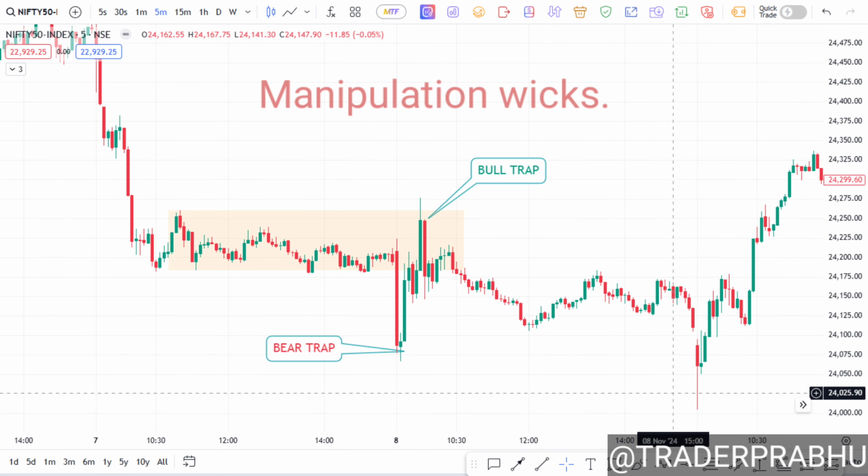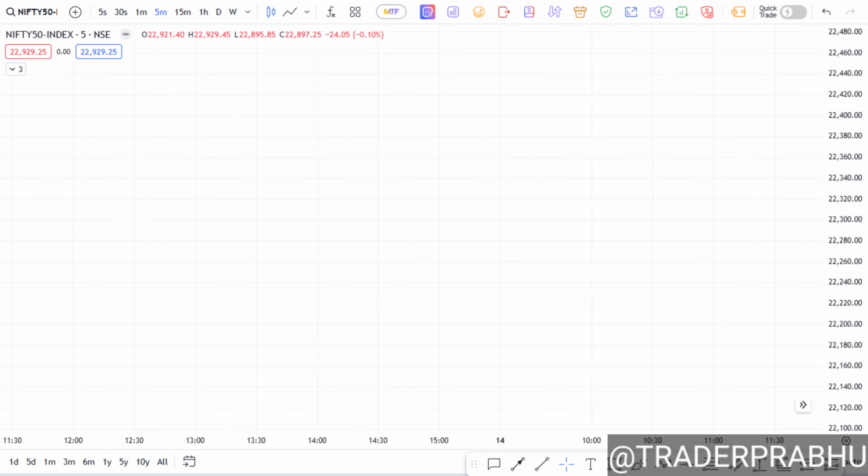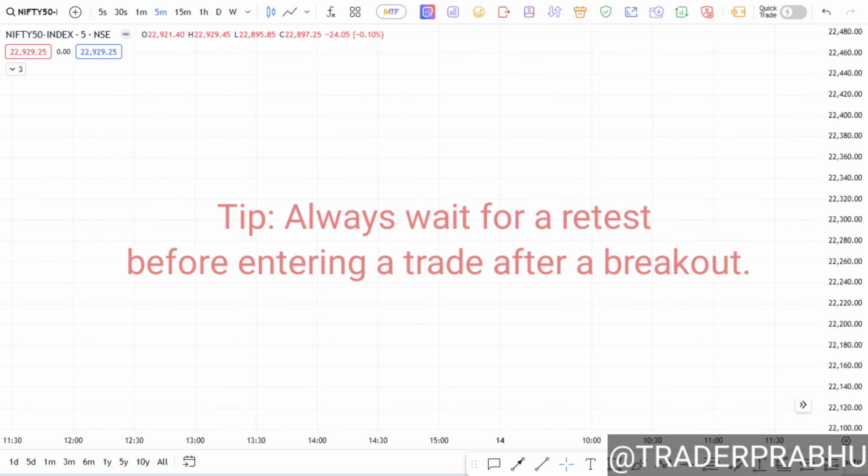Large wicks appear, showing that institutions are sweeping liquidity before making the real move. The tip is always wait for a retest before entering a trade after a breakout.